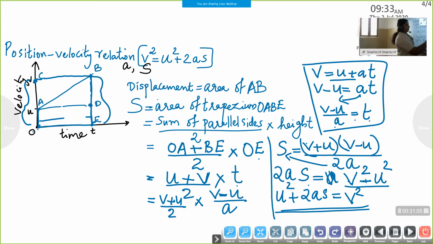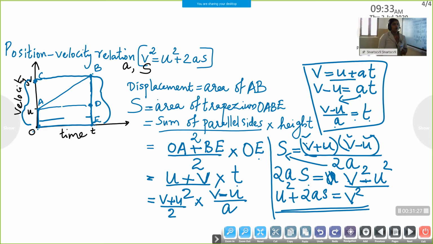And children, look here, a plus b into a minus b is a square minus b square, that is v square minus u square. So 2a we can take to the opposite side, so u square plus 2as is equal to v square, or v square is equal to u square plus 2as.